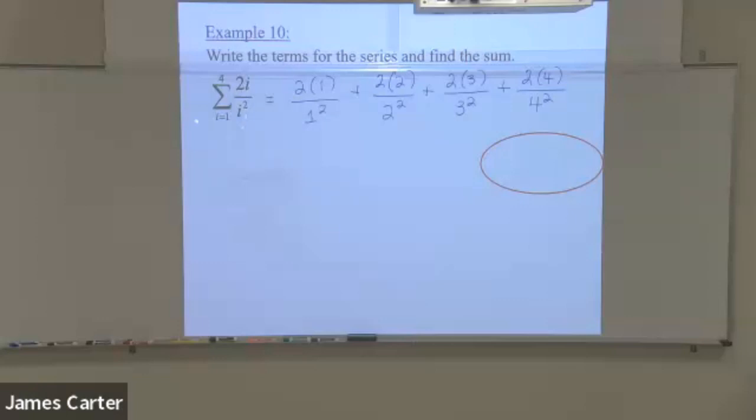Remember, that's not imaginaries. Try that in your calculator and see what you get.